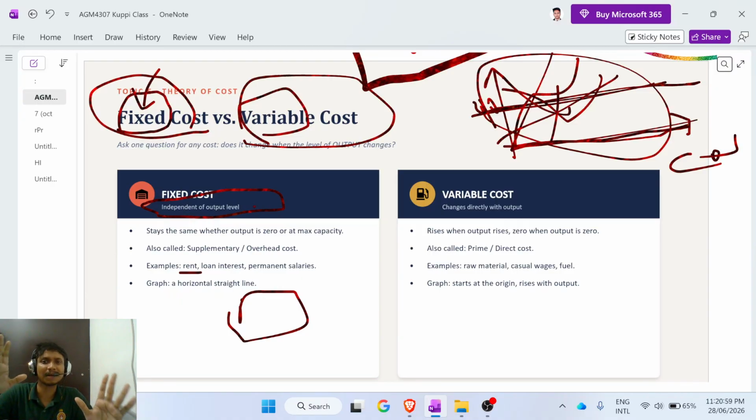He only wants a monthly rent, a fixed monthly rent, for example 50,000 rupees or 60,000 rupees per month. That is the fixed cost.